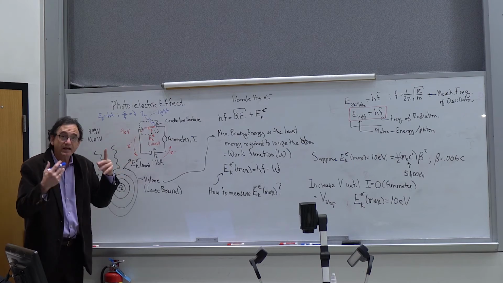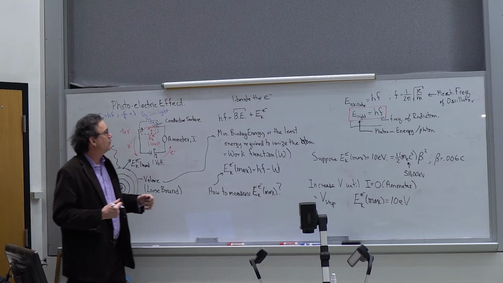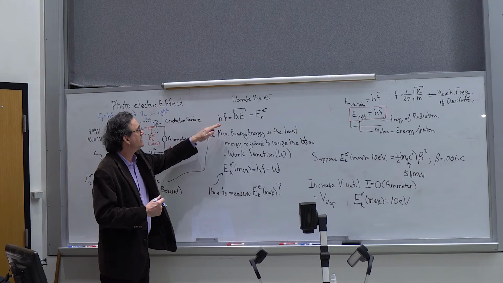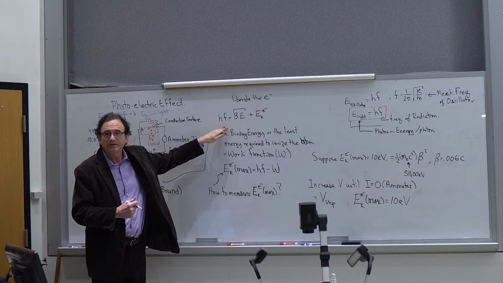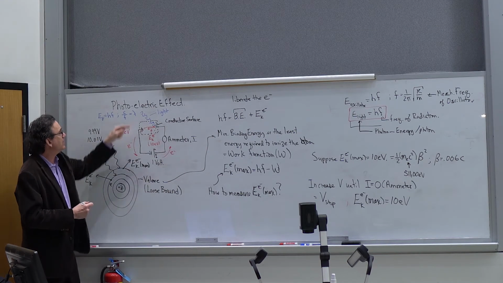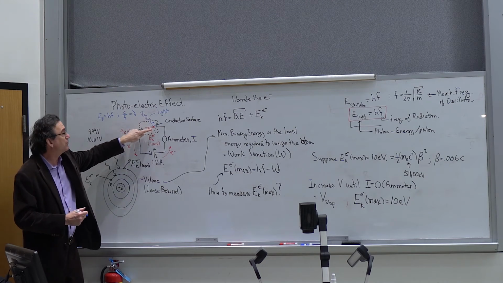Okay, so yes, that in fact should be true. But in fact, what this says is that it doesn't depend on intensity, it depends on frequency. What happens if I increase the intensity is I flood this with more photons, but the energy per photon doesn't change.